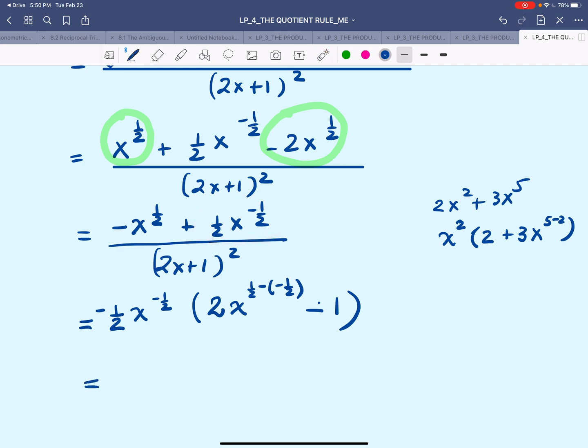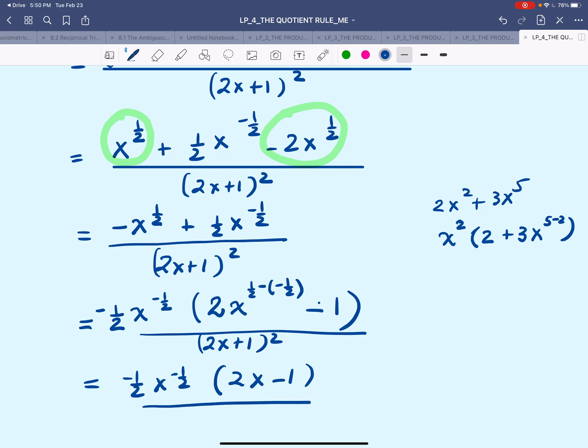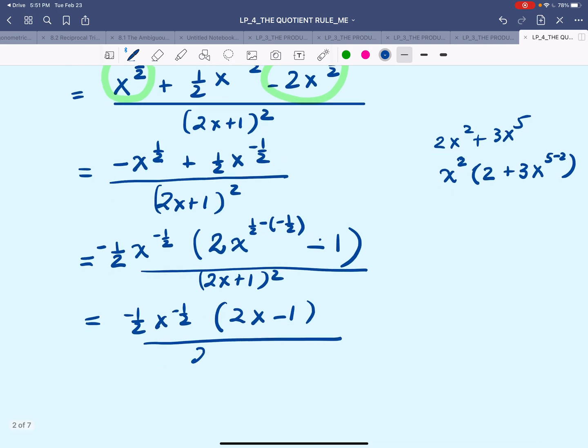So this would equal negative 1 over 2x to negative half, 2x to the power of 1 minus 1 over 2x plus 1 to the power of 2. Remember, you can simplify those.